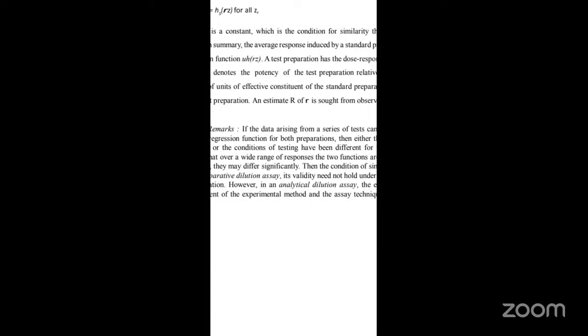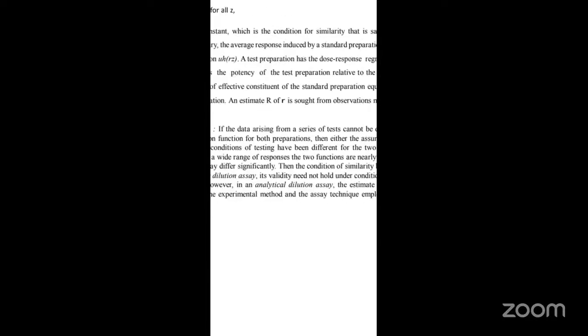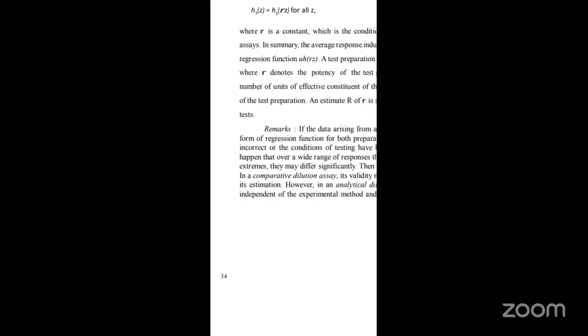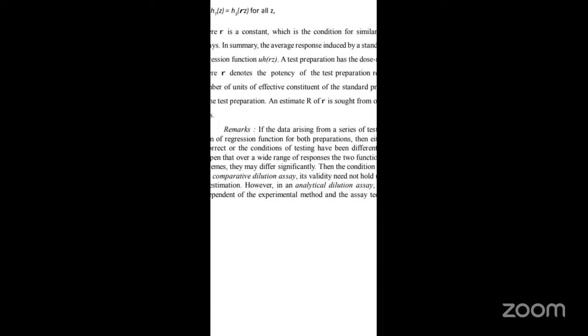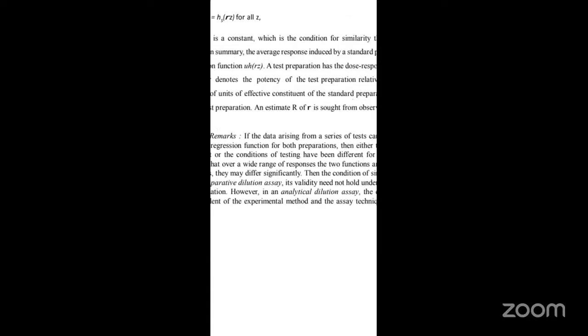It may happen that over a wide range of responses the two functions are nearly the same, although at the extremes they may differ significantly. Then the condition of similarity holds reasonably well. In a comprehensive dilution assay, its validity need not hold under conditions other than those of the assay.